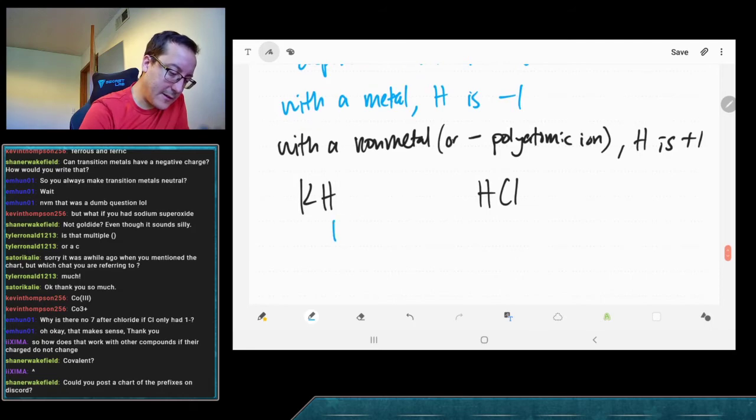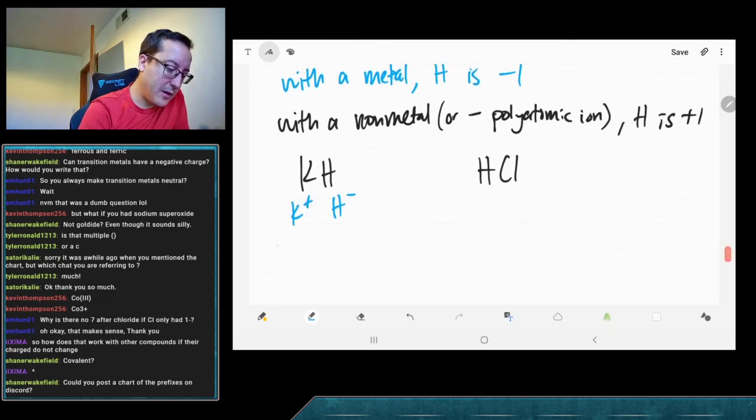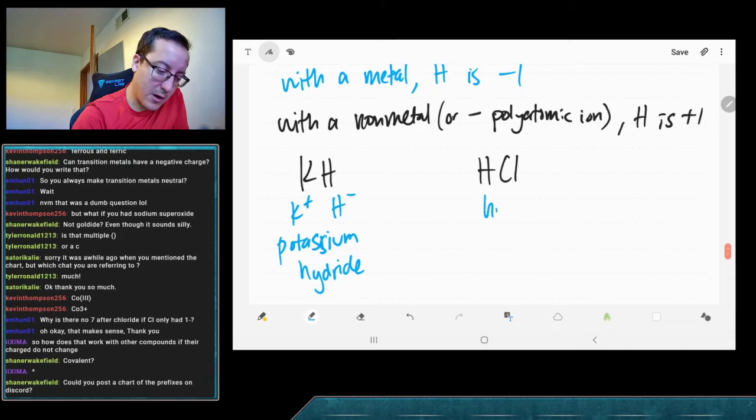this one here is H minus because potassium is a metal, right? We would call this potassium hydride. And this one we're going to call hydrogen chloride.